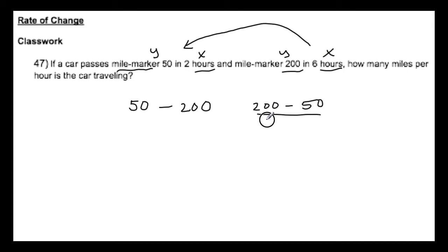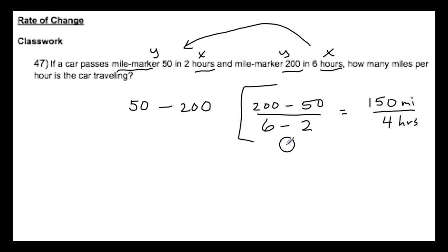So after 6 hours, we started with 2 hours. So what's the difference? We went from mile marker 50 to 200. That's a difference of 150 miles. And we started at 2 hours, but ended up at 6 hours. So that's a difference of 4 hours. So right there, this is actually like our slope formula. So we have 150 miles in 4 hours.